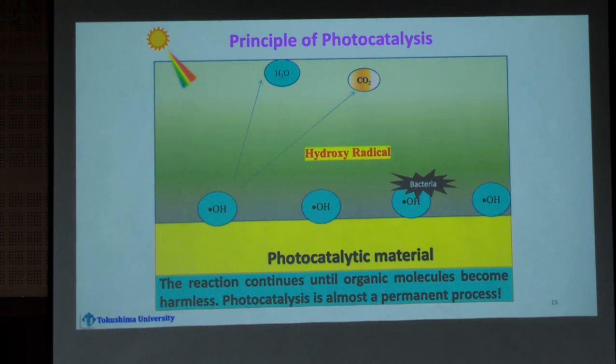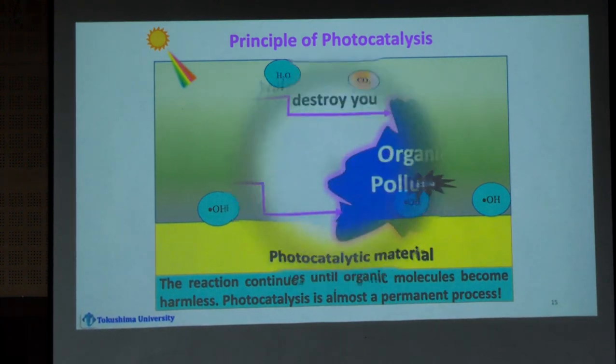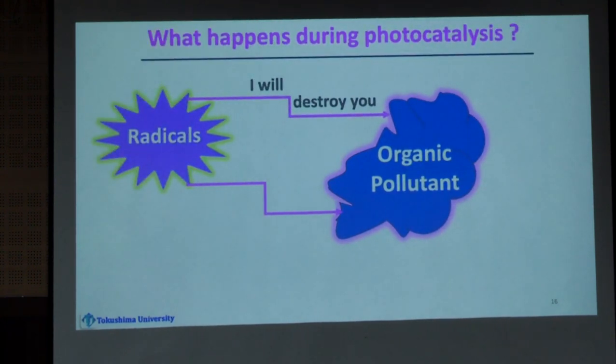Charge goes up, charge is excited, electron goes up, then the electron reacts with oxygen, and the positive charge reacts with the water. They create hydroxyl radical, and the hydroxyl radical can react with bacteria or organic pollutant, and this way you can create H2O, that is water, and CO2.